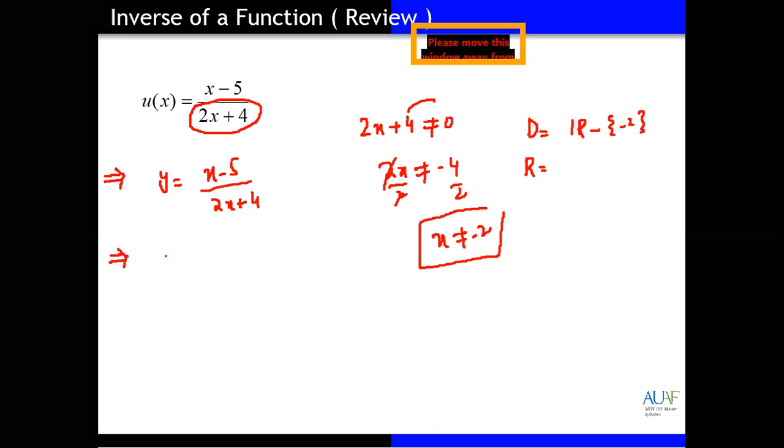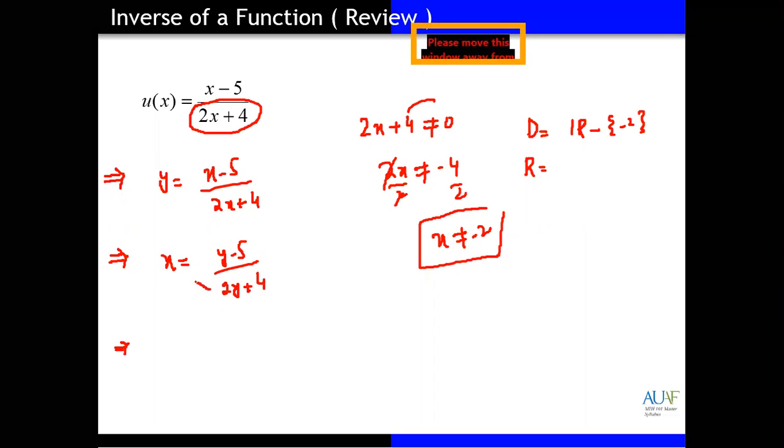We have x equal to y minus 5 divided by 2y plus 4. Step number three, we need to find the value of y, solving the equation for y.